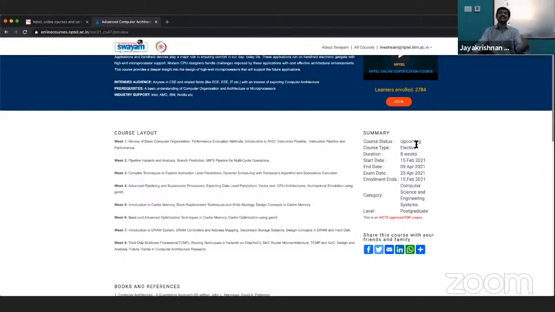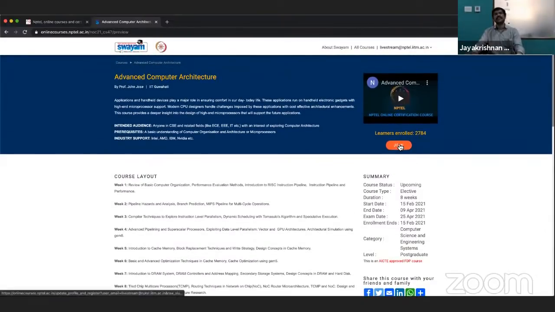And there are the important statistics, I mean important dates, duration, etc. that come over here, and whom it is suitable for. So this is at a postgraduate level. There are also undergraduate courses that you can take from here. All you have to do is click on join, and you will be taken inside the course. Okay. So this is the process of joining an NPTEL course.